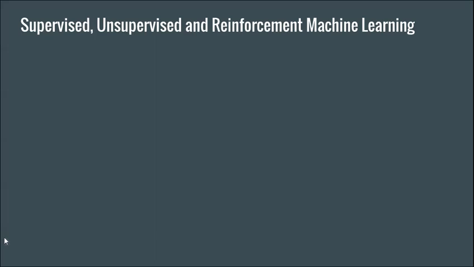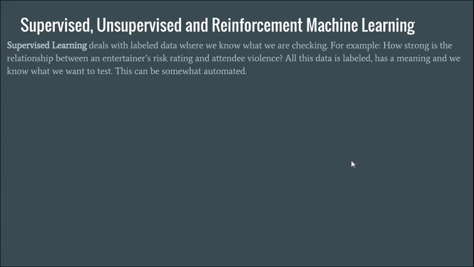All this data is labeled, so it has a meaning and we know what we want to test. So this can be somewhat automated. And that is what we're talking about when we're talking about supervised learning. That is a pretty good area.